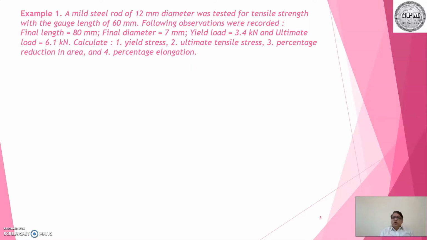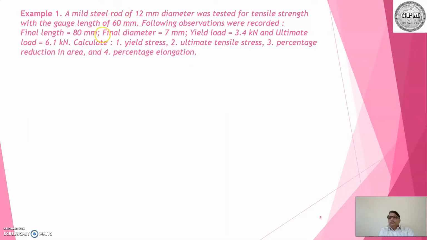A mild steel rod of 12 mm diameter was tested for tensile strength with a gauge length of 60 mm. Here gauge length means the actual length, that is, before applying the load.